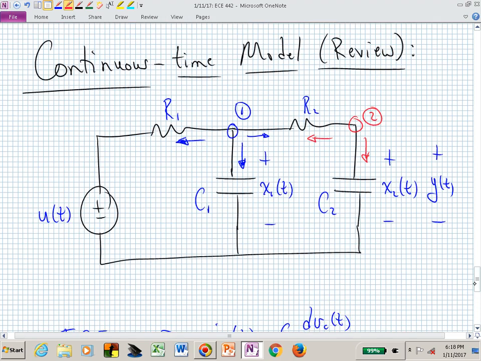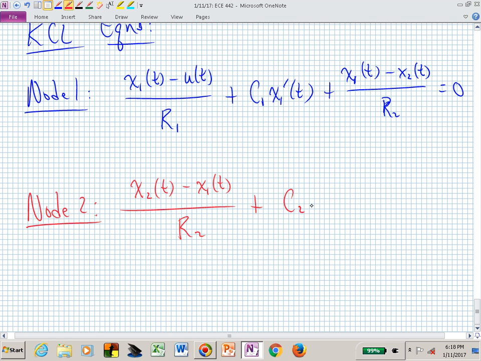And what's the current going down through capacitor C sub 2? That's now i = C dv/dt in terms of C sub 2 and x sub 2, so that we now have C sub 2 x sub 2 prime. And so there's another first-order differential equation in terms of x sub 2, x1, and x2. We have an x sub 2 prime and an x sub 1 prime. We now have two coupled first-order differential equations.